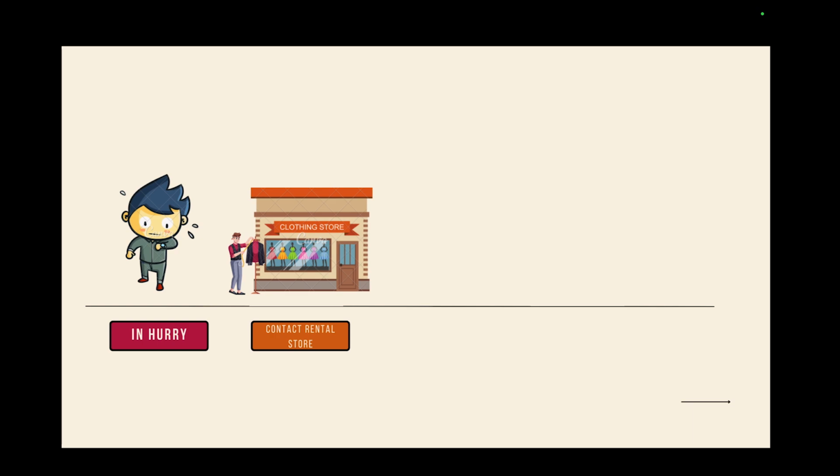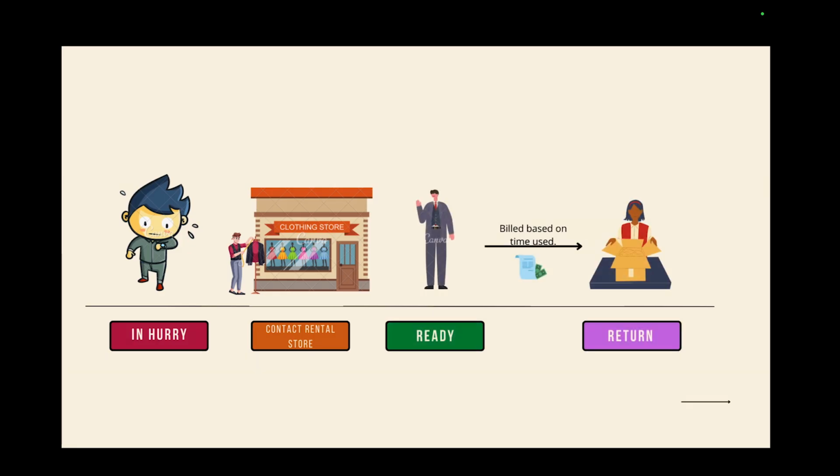Now you might say, okay, a rental store sounds feasible. I go to the rental store, I get the clothes, I get ready, and I just return it when my billing time is done. Just imagine what it offered me. I don't have to take care of the clothes in the future.